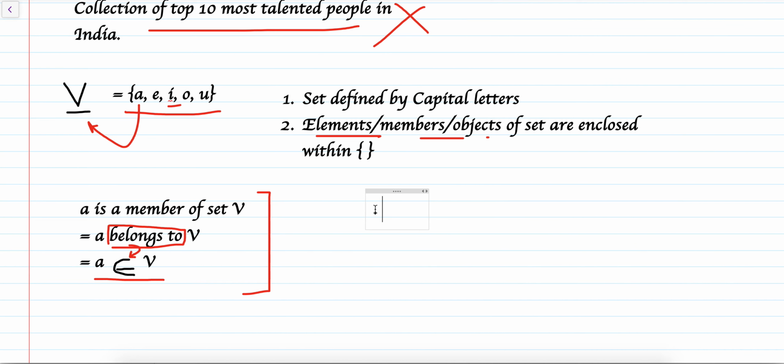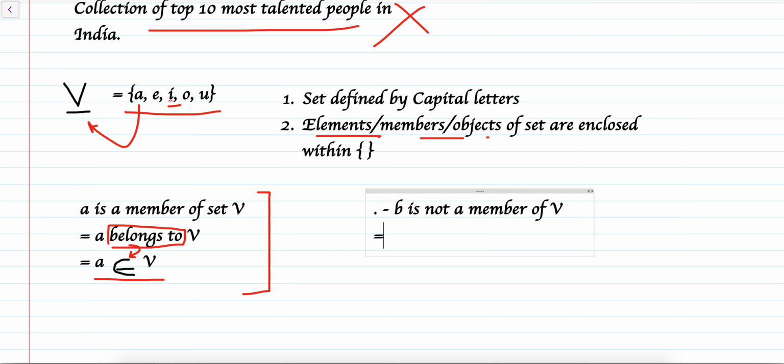V because V is a set of all vowels only, not consonants, and B is a consonant.